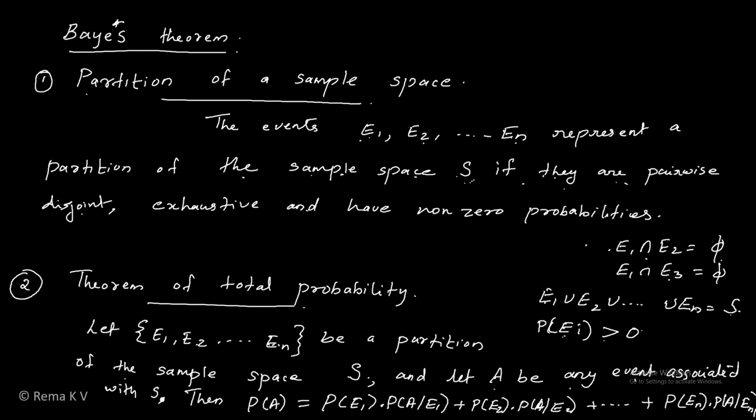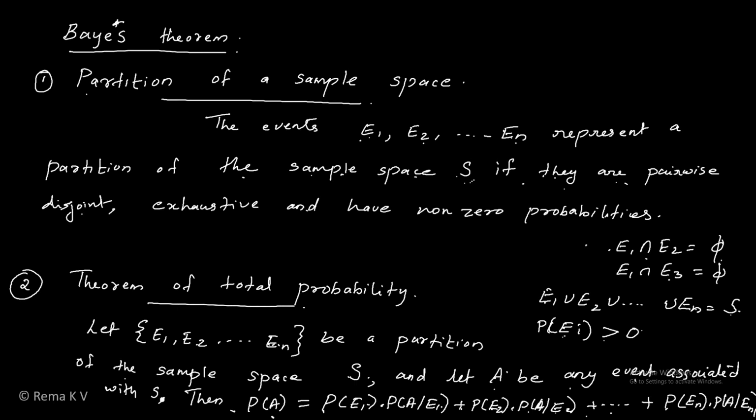A be any event associated with S, then the probability of the event A is given by probability of E1 into probability of A given E1, plus probability of E2 into probability of A given E2, plus etc. plus probability of En into probability of A given En. This is the theorem of total probability.